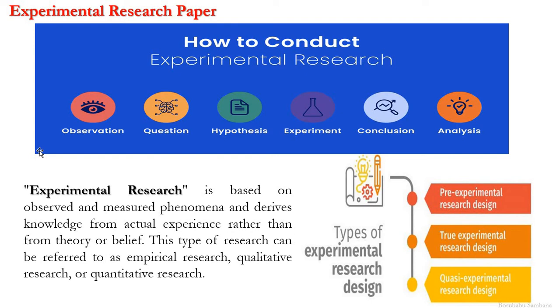There are systematic approach factors: observation, question, hypothesis, experiment, analysis, and conclusion. These are the significant steps to conduct experimental research and get a qualitative output. In observation, you must identify the known factors and collect various information to identify the problem.